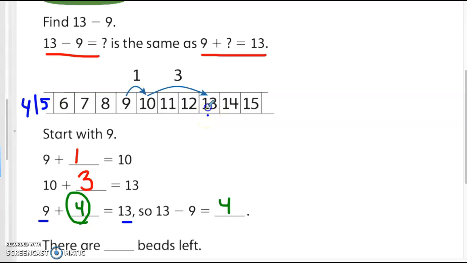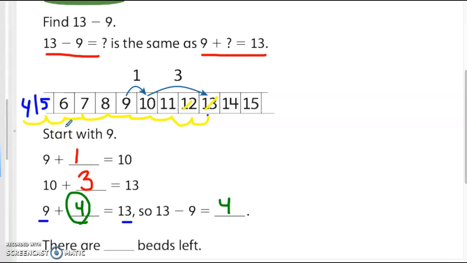We can either cross off 9 or we can jump back 9. 1, 2, 3, 4, 5, 6, 7, 8, 9.